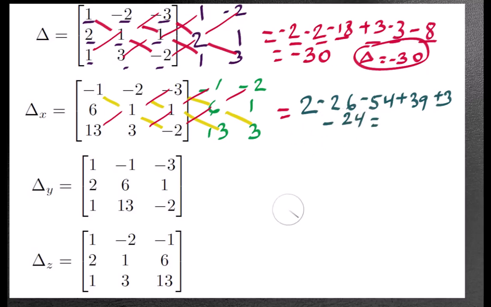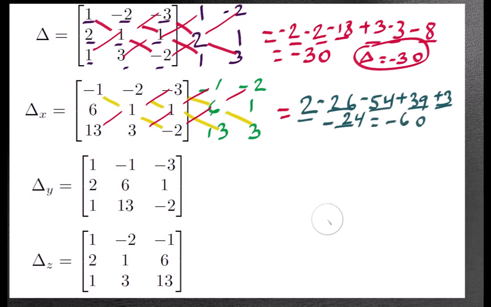Go ahead, we do the same calculations here. We have minus 26 and minus 24, that's minus 50, minus 50 and minus 54, that's minus 104. Minus 104 plus 3 is minus 101, minus 101 plus 2 is minus 99, minus 99 plus 39 is minus 60.